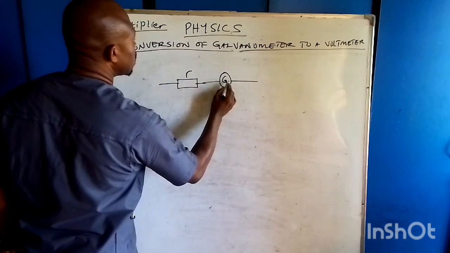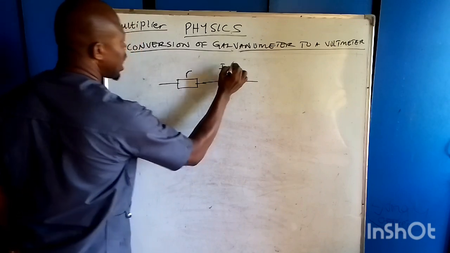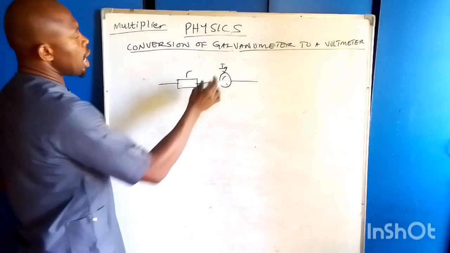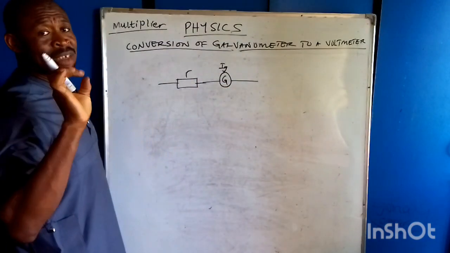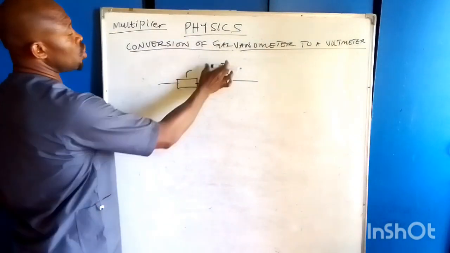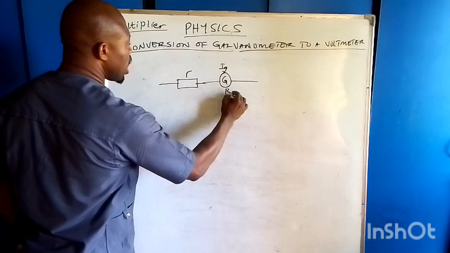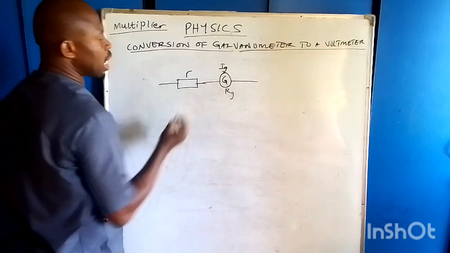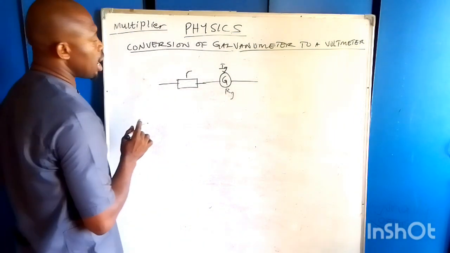Now there is a current flowing here. That current flowing through the galvanometer is Ig, or you can say it is the maximum permissible current through the galvanometer. This same galvanometer has its own resistance. The resistance of the galvanometer is represented with letter Rg.